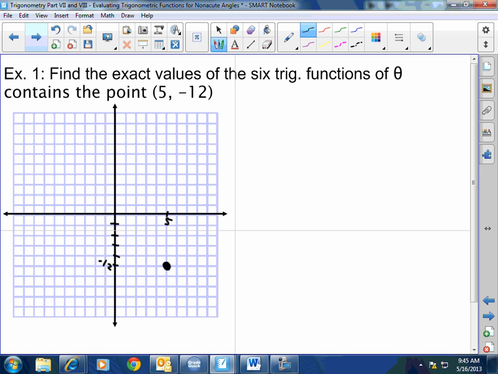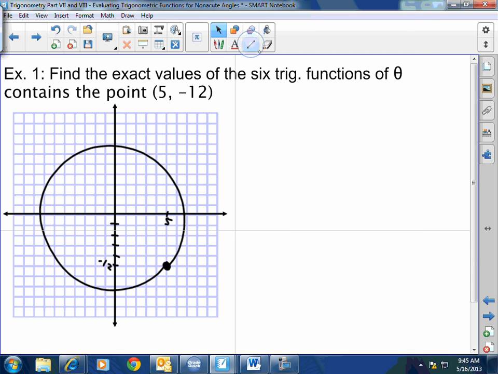So there's some circle. And there's an angle, okay, that is traveling on this circle. There's an angle that's traveling on this circle, okay? And when this angle travels, it hits different points all along the circle, correct?